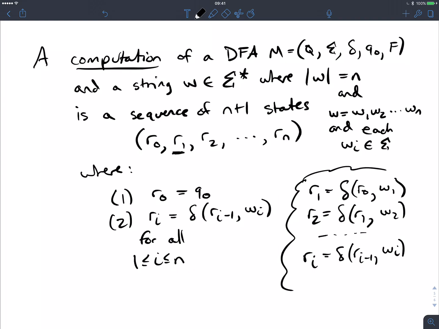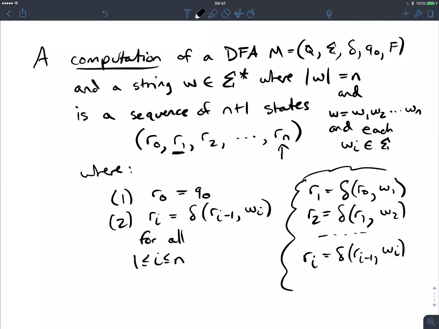So I must start in the start state, and every single time I go on one transition, I consume a character of the input and go to the next state, and I must stop when I've actually read the last character. When I've read Wn, I go to Rn. Okay?